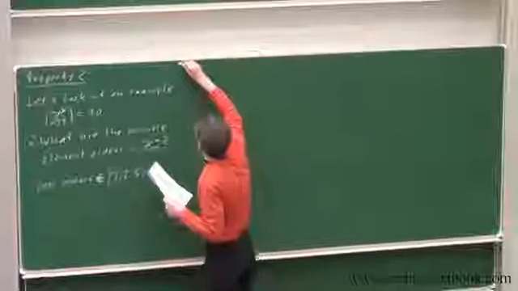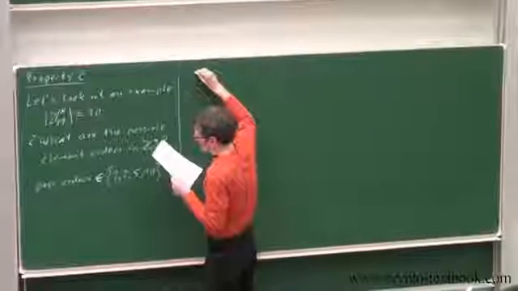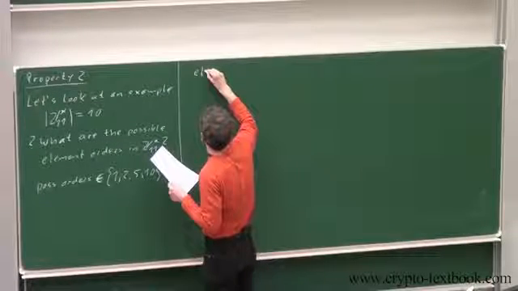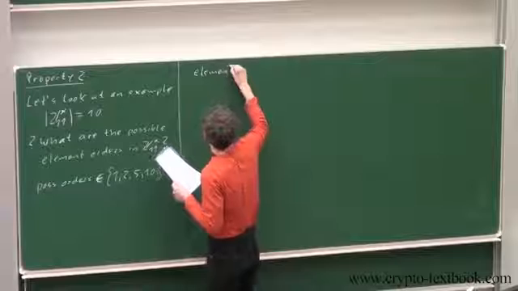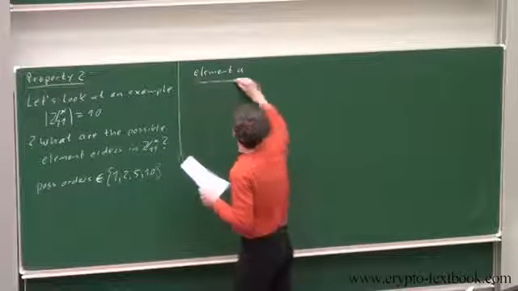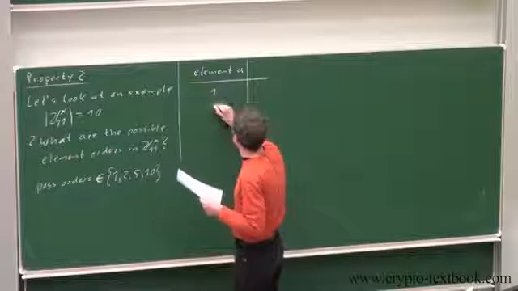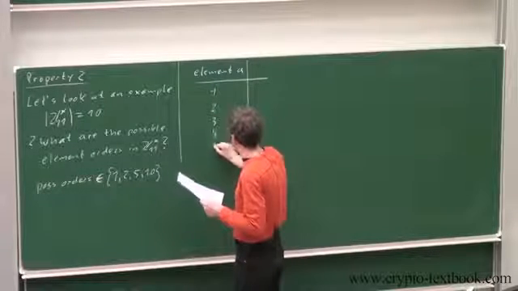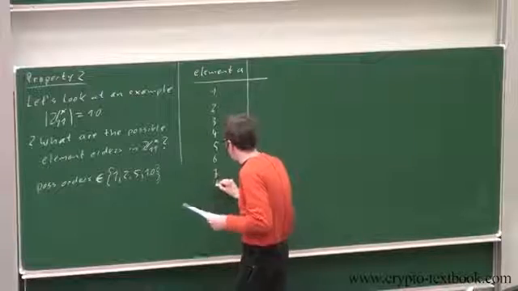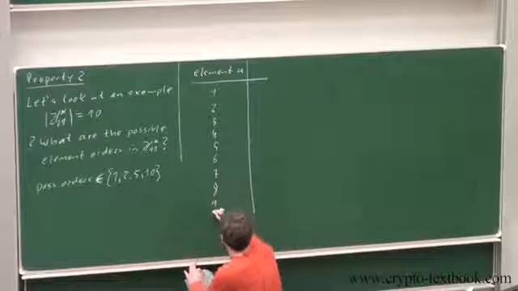What I'm going to give you is a list of all the elements here: 1, 2, 3, 4, 5, 6, 7, 8, 9, 10.